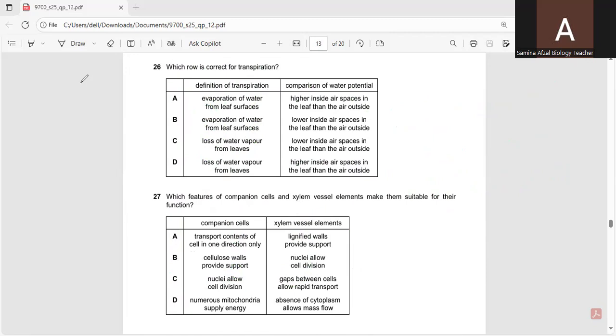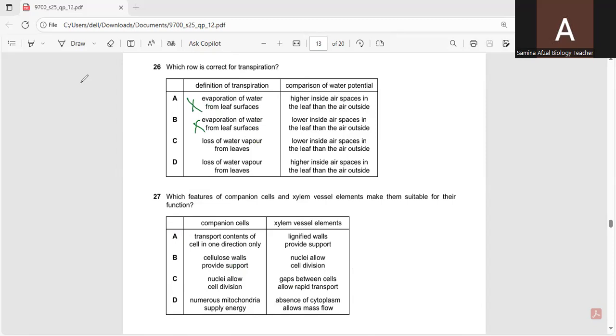Leaf surface is a doubtful statement, as leaf surface can be the upper surface. Most of the water is lost from the lower surface, or you can say through the stomata. So evaporation, A and B cannot be the correct options. C and D, any one of them can be correct.